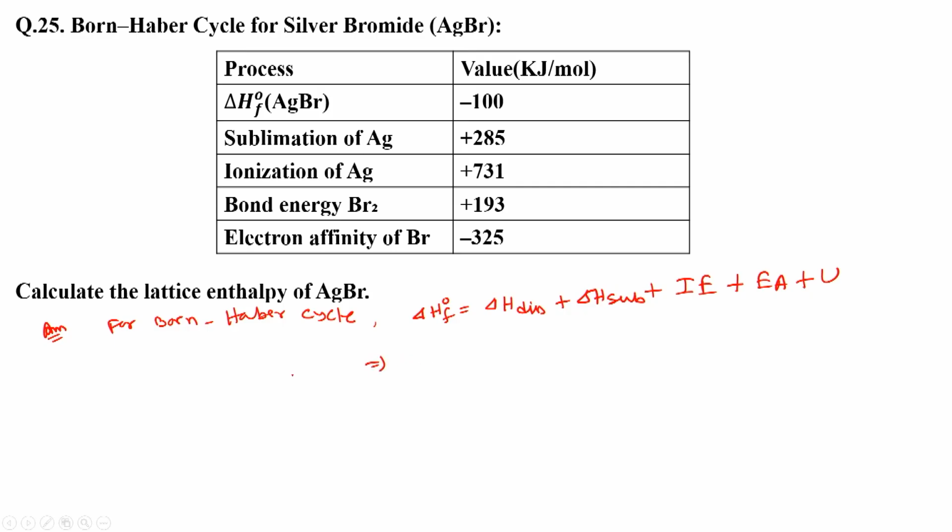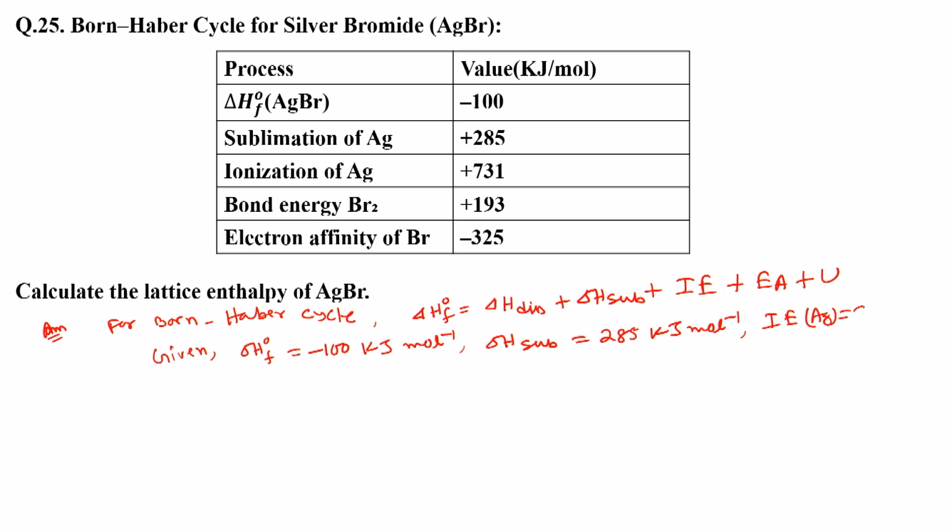So, here given delta H naught F is minus 100 kilojoule per mole, delta H sublimation is plus 285 kilojoule per mole, IE ionization enthalpy of Ag is 731 kilojoule per mole, EA electron affinity of Br is minus 325 kilojoule per mole.